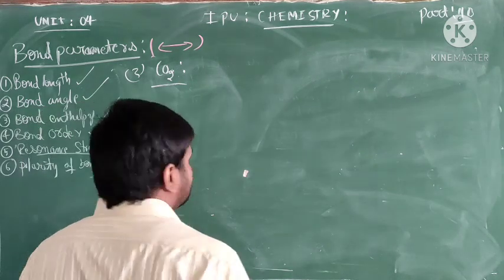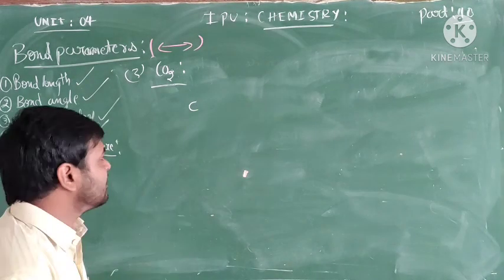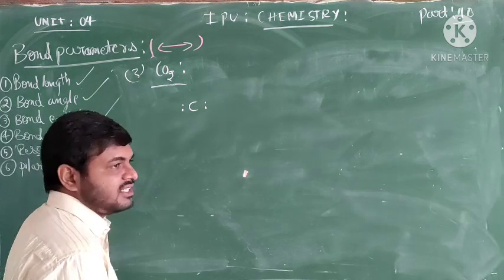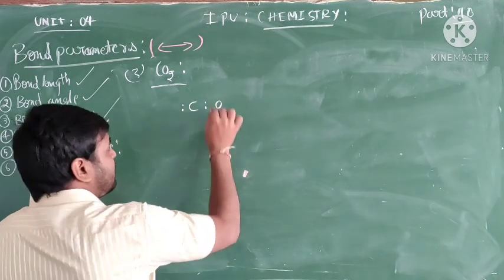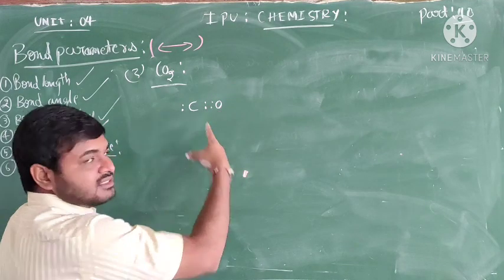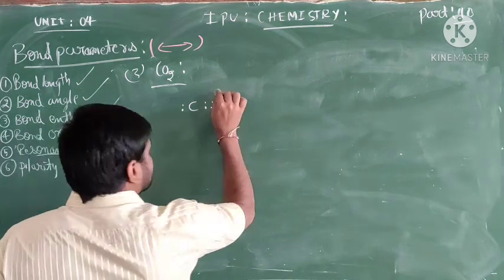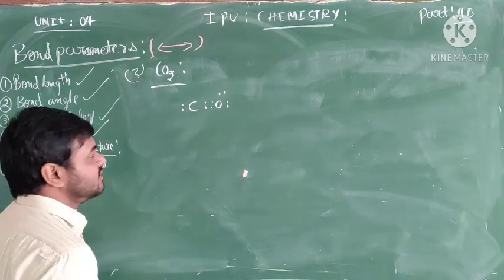Carbon is the central atom. Carbon having valence electrons 4: 1, 2, 3, 4. Oxygen valence electrons is 6. It will be the sharing of electrons, 1, 2. Say remaining are 3, 4, 5, 6. Okay. One more oxygen, because two oxygen are there.